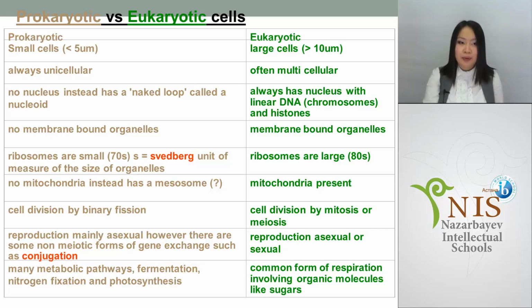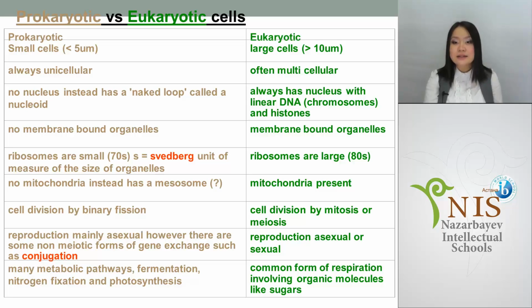Now let's compare prokaryotic and eukaryotic cells. Prokaryotic cells are smaller and eukaryotic cells larger. Prokaryotic cells are always unicellular. Eukaryotic cells are mostly or often multicellular. Prokaryotes have no nucleus, instead they have a naked loop called a nucleoid.